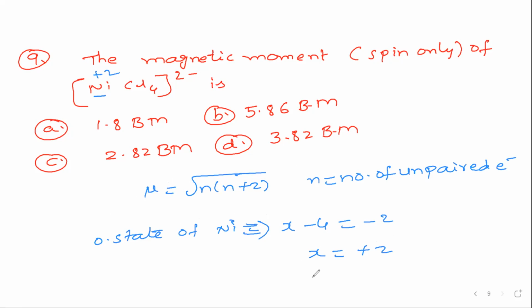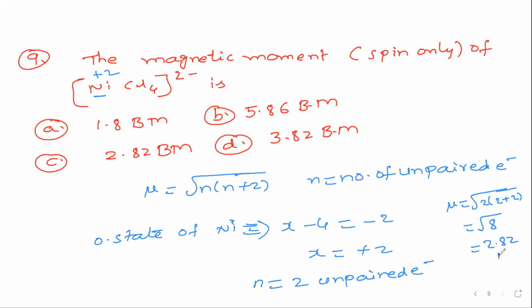So you can write the configuration. Since nickel has the plus 2 state, it has 2 unpaired electrons, so n is equal to 2. So the magnetic moment mu is equal to root of 2 into 2 plus 2, which is root 8, approximately 2.82 Bohr magneton.